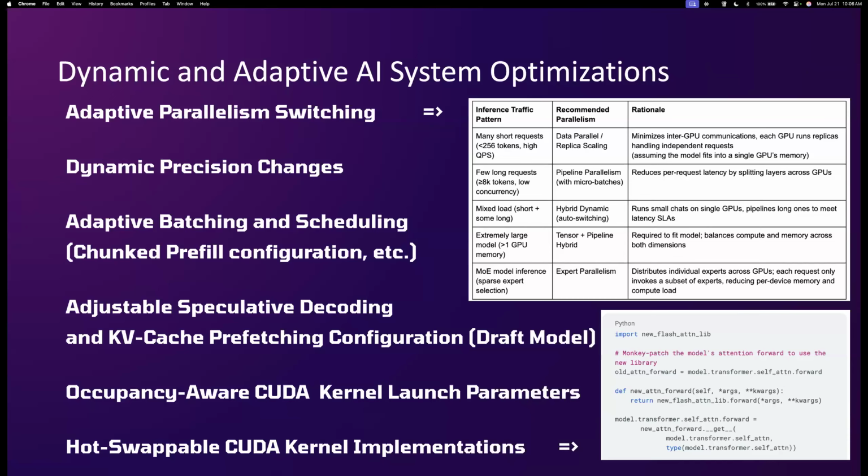So there's a lot of different strategies here. There's a lot of different knobs. Basically, what this comes down to is there's tons of different knobs that can be tuned, and the values of these knobs can be changed throughout the runtime, without restarting the system.